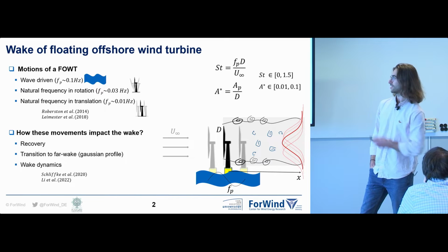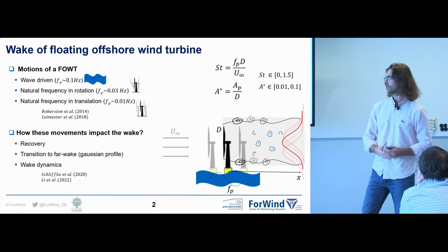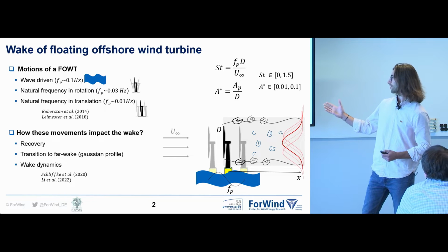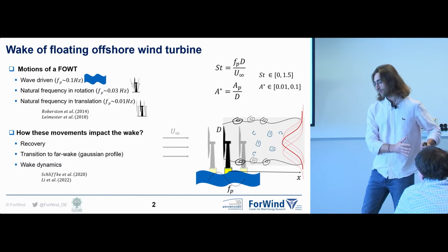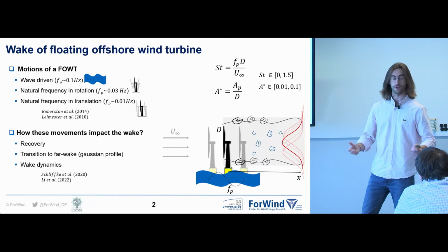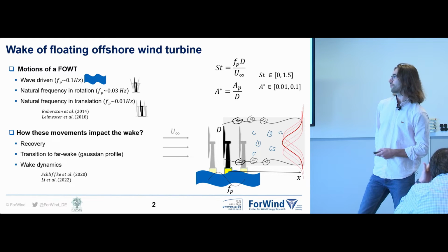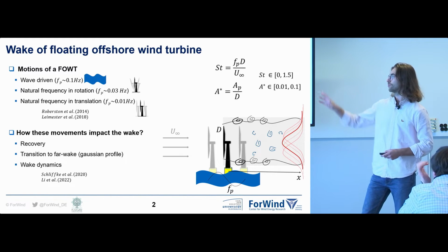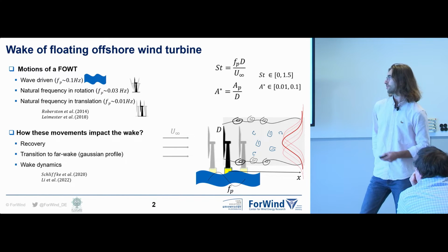As I was saying, of course, it's driven by waves, so we'll have the frequency of the waves in the spectra of motion. But as a floating turbine can be seen as a spring, when we get it out of its equilibrium position, it will drive back at a natural frequency, which depends on the type of platform. Here, for instance, for a submersible in rotation, you will have a frequency of around 0.03 hertz and around 0.01 hertz in translation.